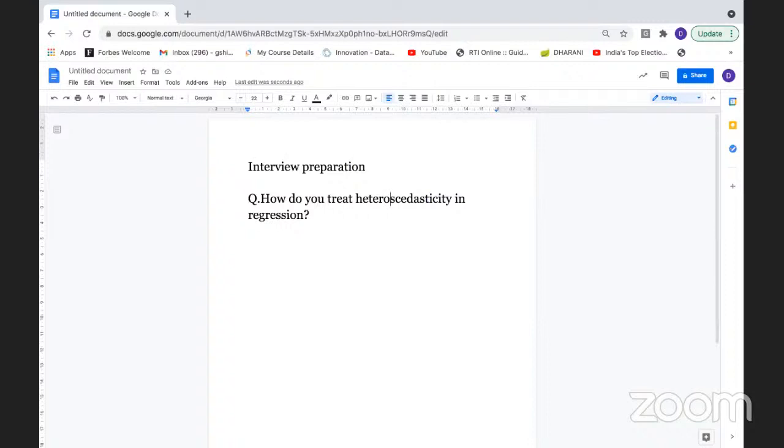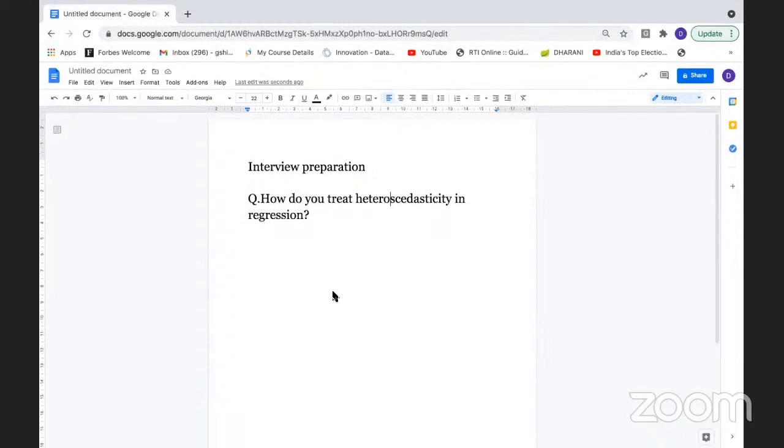This is a problem because of ordinary least squares. OLS regression assumes that all the residuals drawn from a random population will have a constant variance.